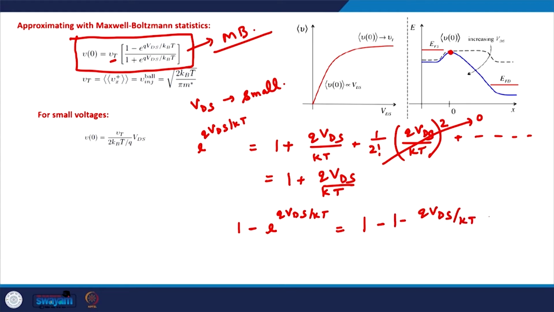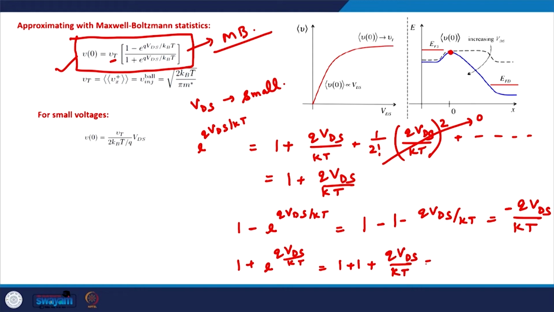So it is just minus q times VDS by kT, and the denominator in this expression, which is 1 plus 1 plus q VDS by kT, is 2 plus q VDS by kT. This VDS is very small as compared to kT by q, so it is just 2.